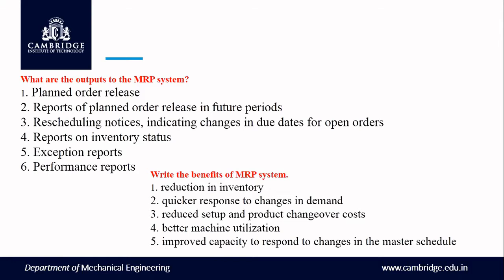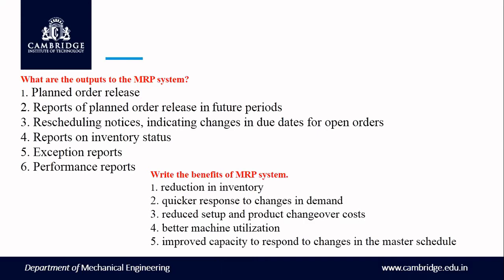Until and unless a purchase order is given, nobody will do the work for you, whether between the customer and factory, or between the industry and the customer. The main thing is that a planned order release or purchase order should be released. Other outputs are reports of planned order releases in future periods, rescheduling notices indicating changes in due dates for open orders, and reports on inventory status. That is MRP, material requirement planning. It takes care of all these things.